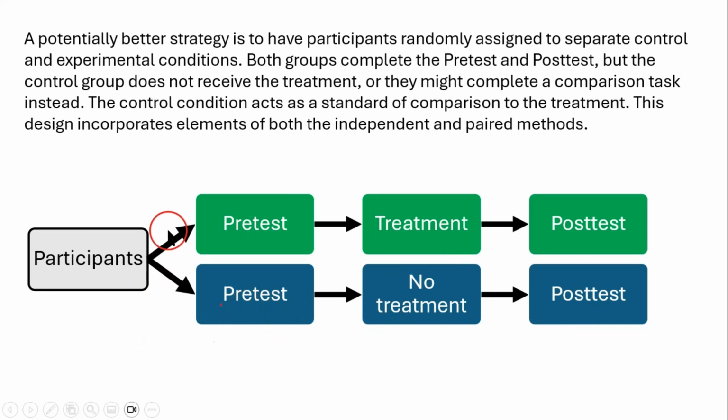And so what we have is that each group is a paired design, but then between the groups you have an independent design. So this is a combination of a paired situation when you look at each group individually, but if you look between the groups for analyses, you have an independent situation because you have different people in each condition. Okay, so it's just to throw that out there. I think the author talks about that a little bit in the textbook too.